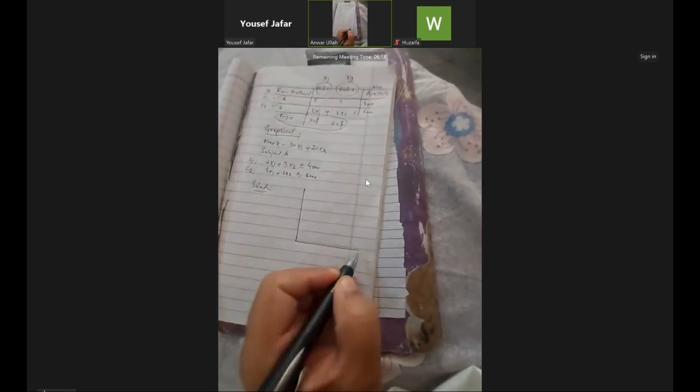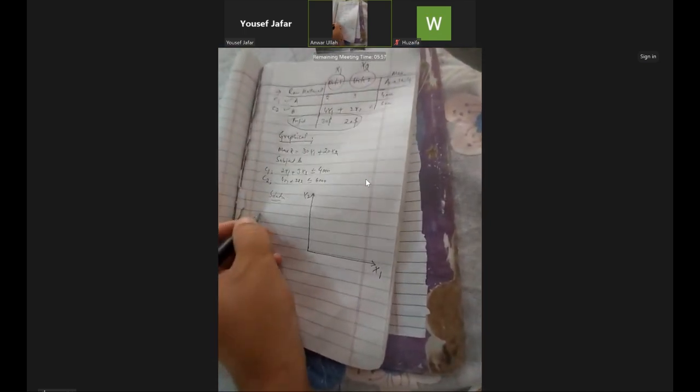Now we will solve it. For the solution, first of all, you need to draw an xy plane. This is x1 and this is x2. Okay. So now we will first take constraint 1 and make it an equality. Then we will put x1 equal to 0 and see what the x2 value is.